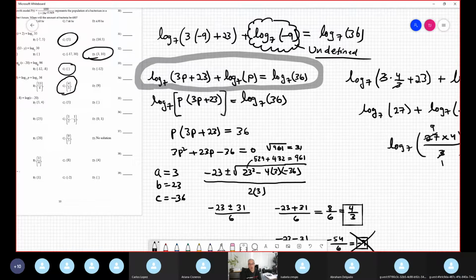And here is exactly the same, because negative 27 plus 23 is negative 4. A logarithm of negative 4 again is undefined. When you condense together, negative times negative becomes positive, but you need to plug it in the original equation. One logarithm contains a negative number in its argument, so this is completely undefined. This is no solution. Got it?